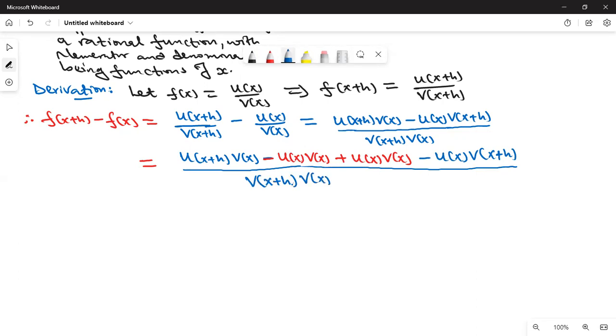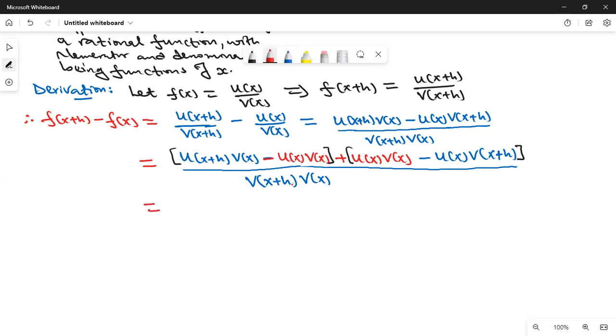Look at what I've written in red. That is the function that I'm subtracting and also adding, so that I can now group this. The first two should form one group, and this other one should form the next group.